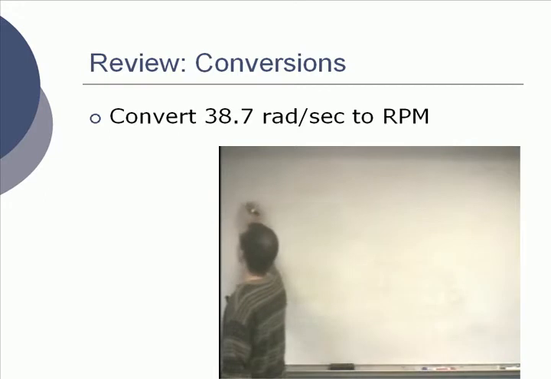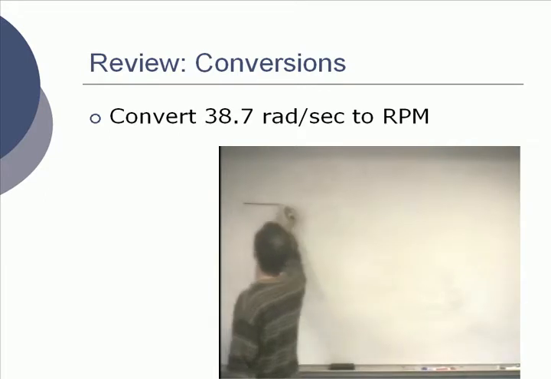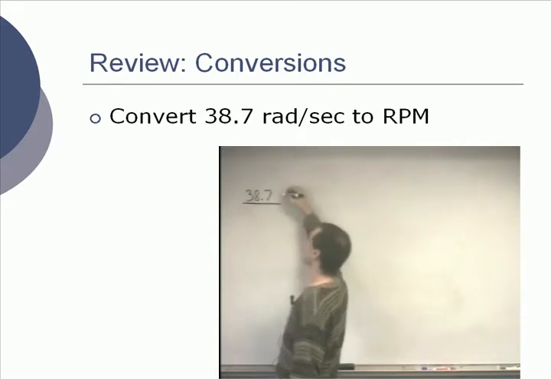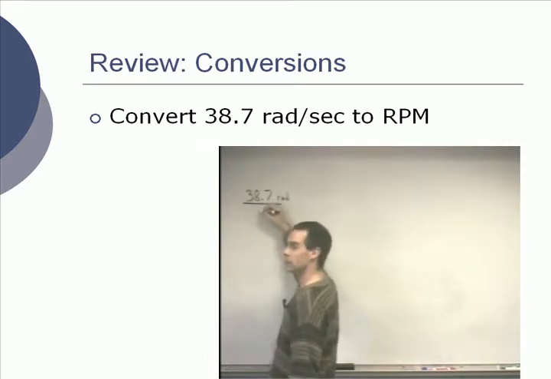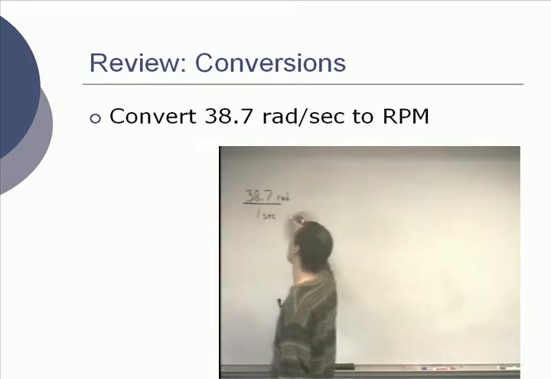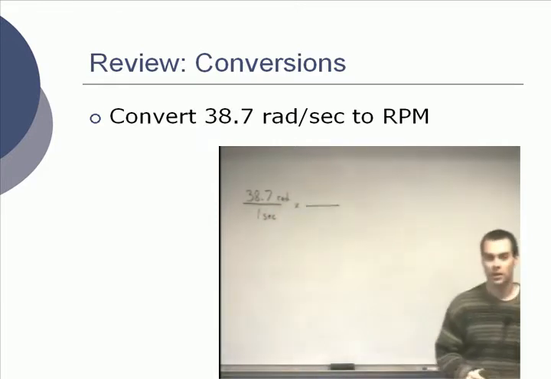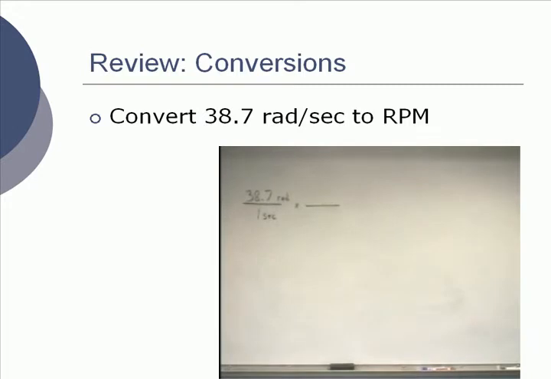We set up the conversion as a unit rate. So we would take 38.7, our units of radians on the top, and our unit of time on the bottom. Now we want to set up a unit conversion that's ultimately going to get us into RPM, which is revolutions per minute.